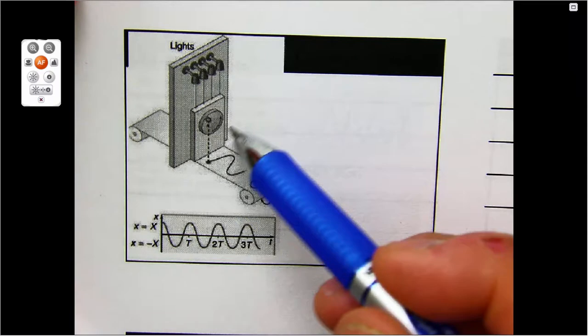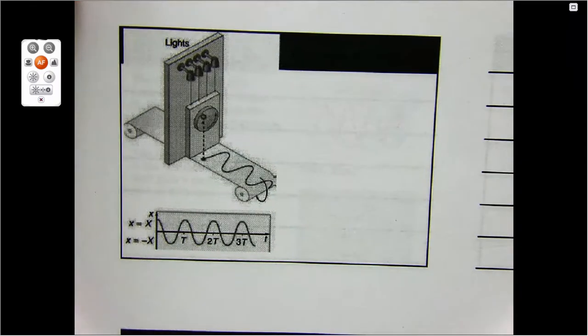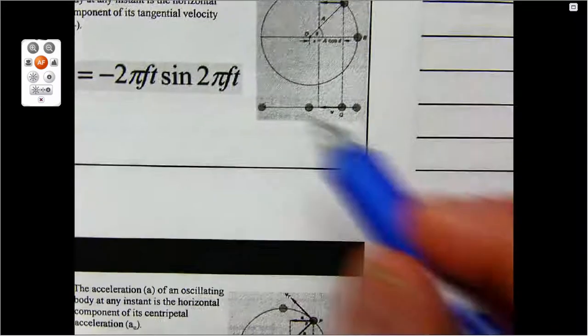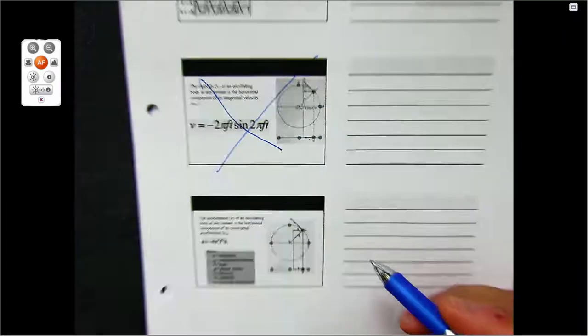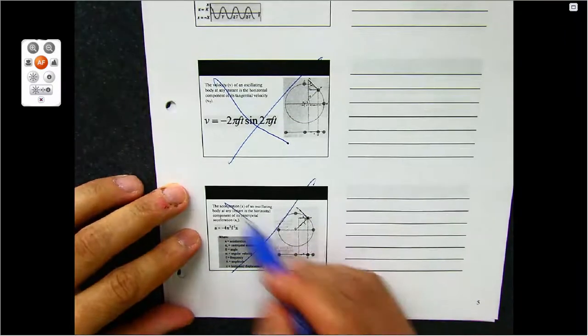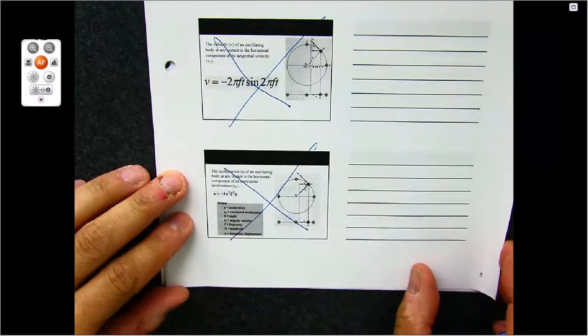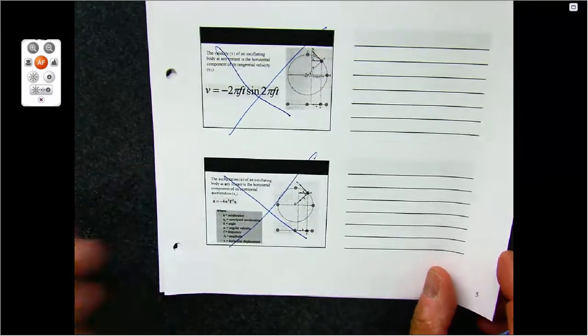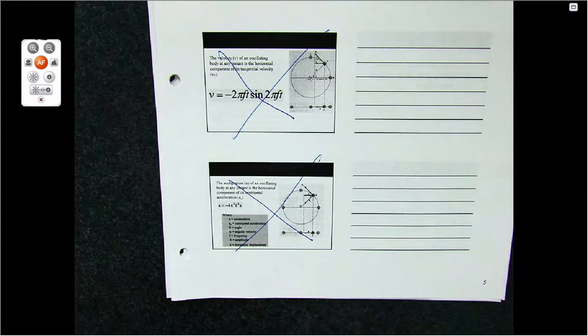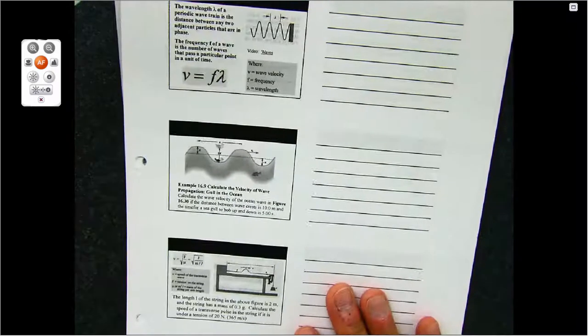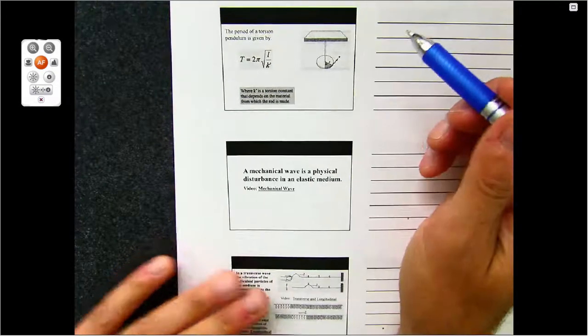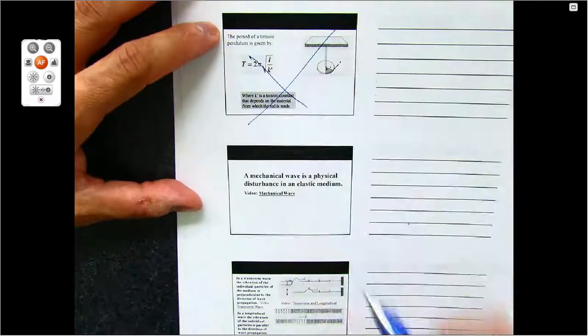If you graph the shadow. But so we can get rid of this slide and we can get rid of this slide. And we are not going to do a torsion pendulum, so we're on mechanical wave.